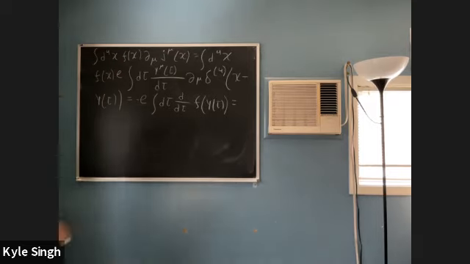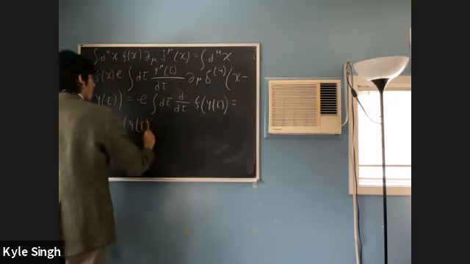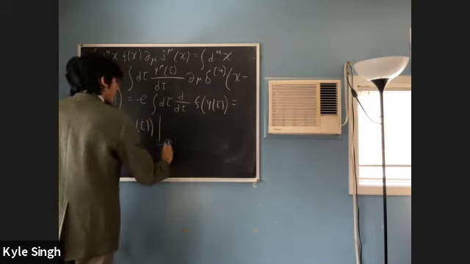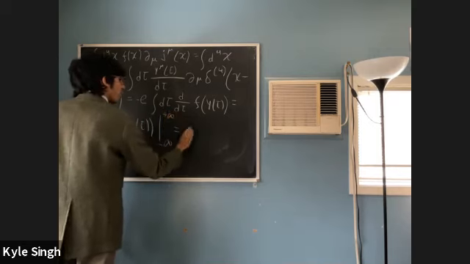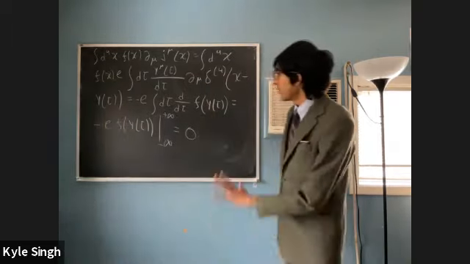And this is trivial. This is just minus c f of y of τ, evaluated from minus infinity to infinity. And of course, we know this has to vanish. That's a given. Okay, and I'll leave it there.